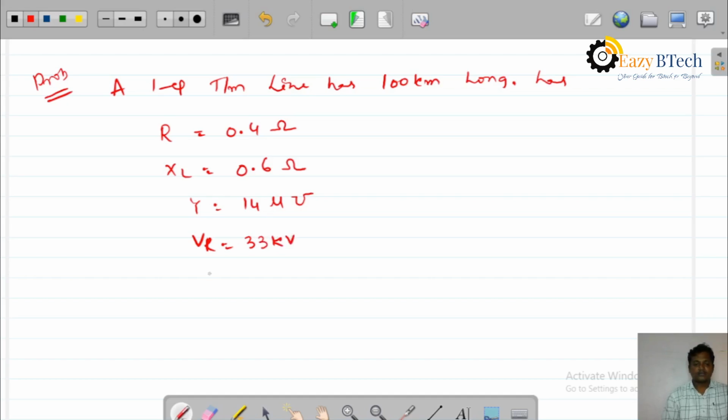The power factor at the receiving end is 0.8 lagging.